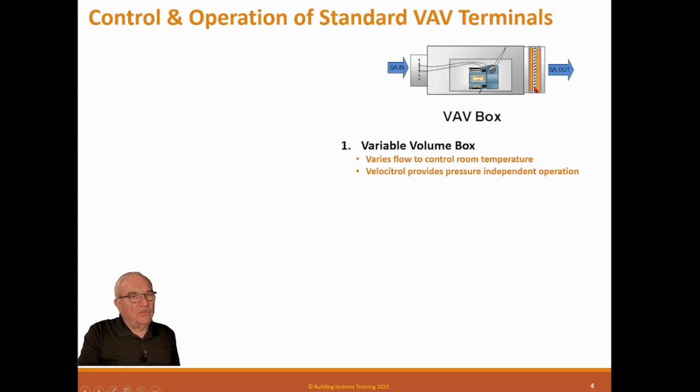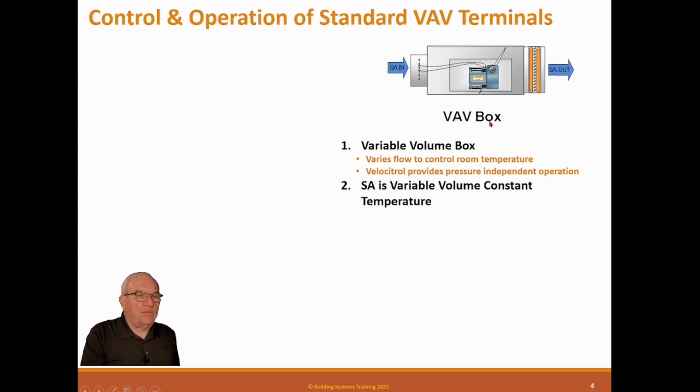If we know a certain size needs 500 CFM, the box is calibrated so it knows exactly what velocity pressure 500 CFM will have. So this controller will maintain that differential pressure, velocity pressure for 500 CFM. And then when the room says it needs more one way or the other, it changes the set point of the velocitrol, thus changing the flow of the box. That's just the way it works.